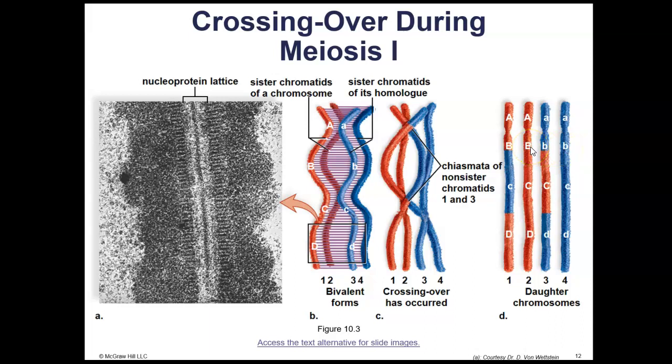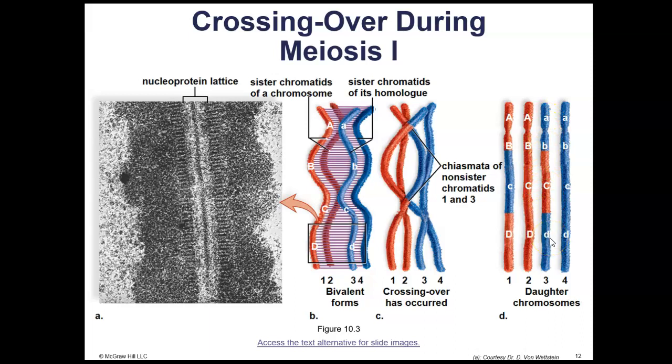So there would be a chromosome that had big A, big B, big C, big D alleles for traits, and then there would be one that had little a, little b, little c, little d. But because of crossing over, we also have this combination, big A, big B, little c, big D. And then we also have combination number 3, which is little a, little b, big C, little d.